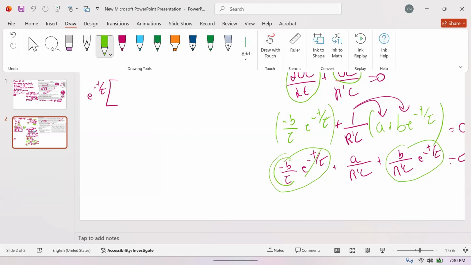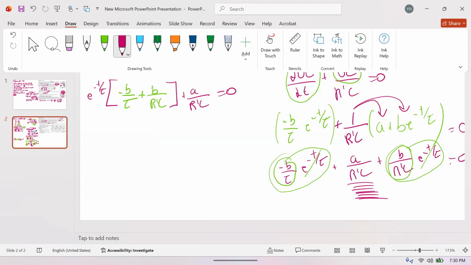I will be left with minus b over tau. So minus b over tau plus the second circled term, we remove e and we will be having b over r prime c. And some people forget the signs before this expression. Be careful. Now we have one thing that is left alone, which is this. So it's plus a over r prime c equals to 0.